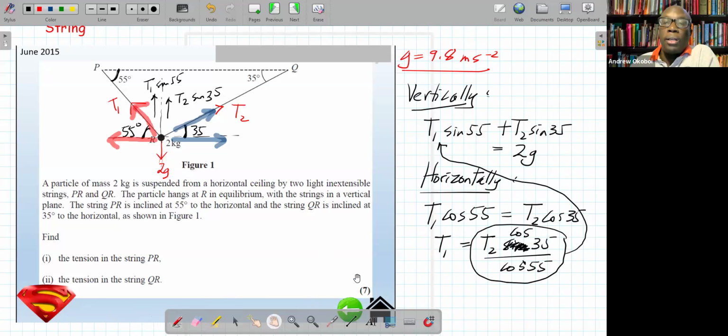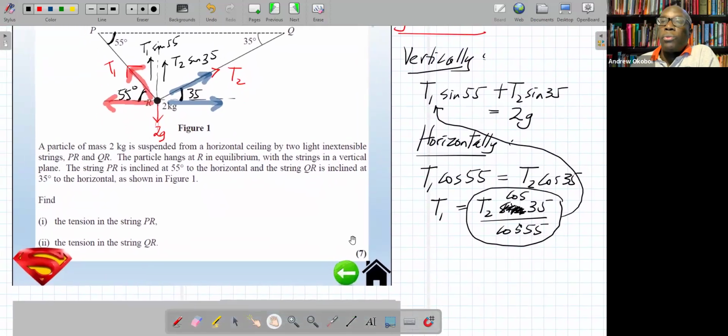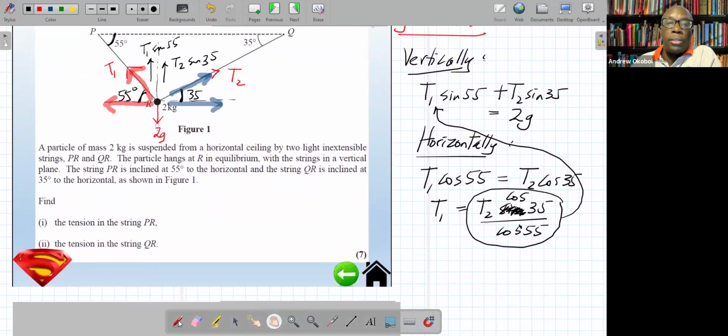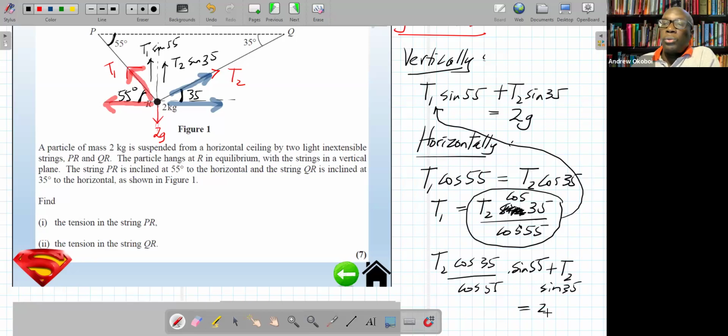Yes. So let us rewrite this first equation. And then we'll make T2 the subject. So we're going to say T2 cos 35 all divided by cos 55 times sine 55 plus T2 sine 35 is all equal to 2G.